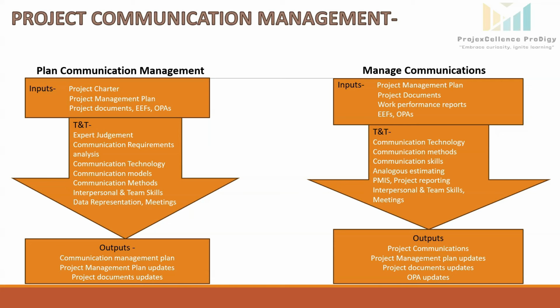These are external factors that influence communication planning, like organizational culture, which defines how communication is typically handled within the organization. What established communication channel are in use, such as emails, project management software, or video conferencing. Geographical distribution. If team is sitting remotely, we need to address the challenges of communicating with team across different locations.